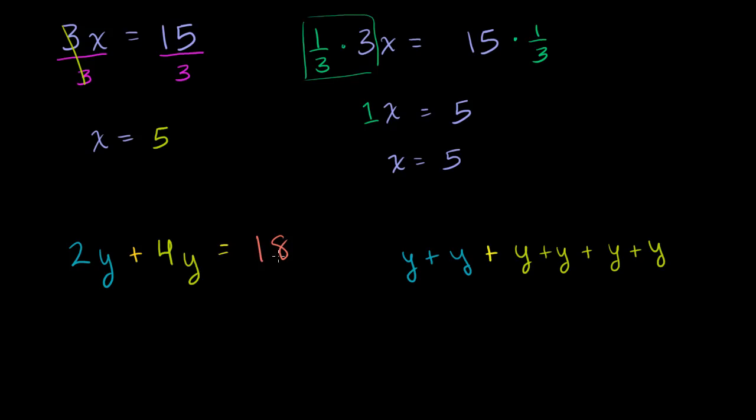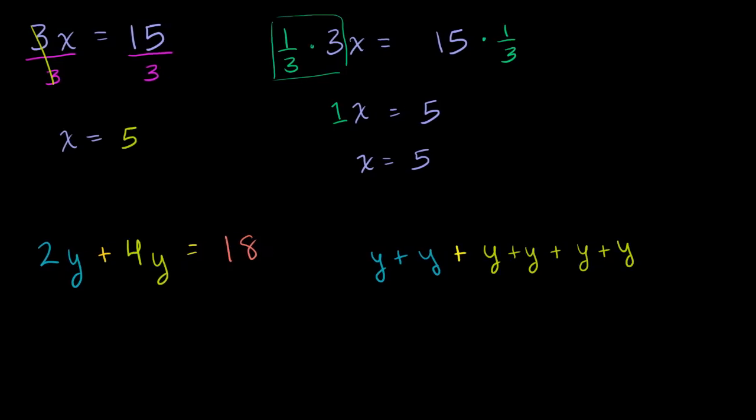And that has got to be equal to 18. Now, how many y's do I have here on the left-hand side? I have 1, 2, 3, 4, 5, 6 y's. So you could simplify this as 6y is equal to 18.